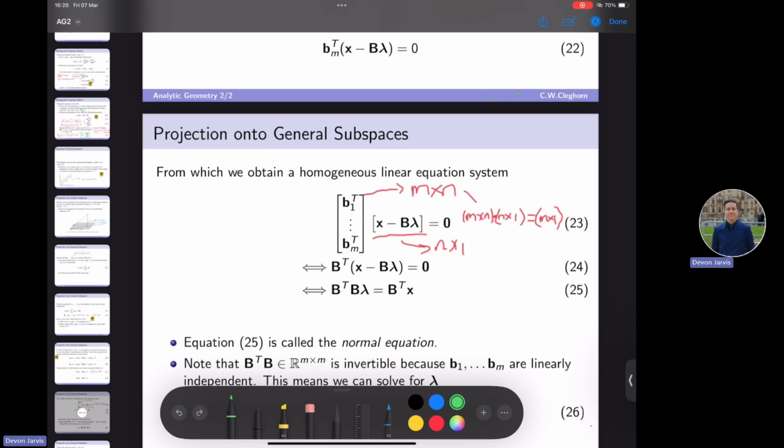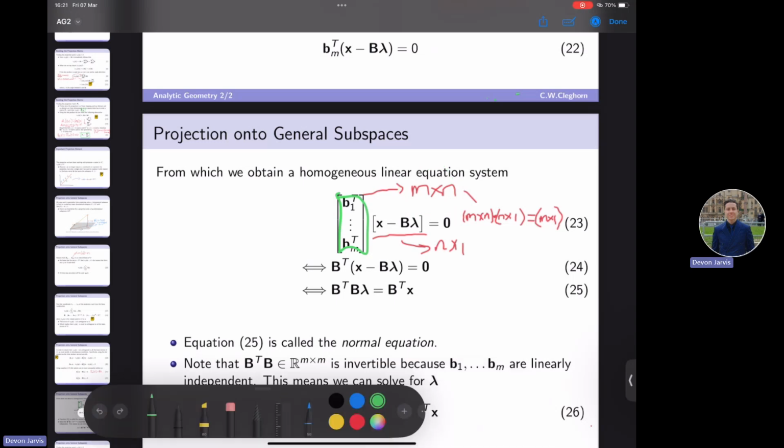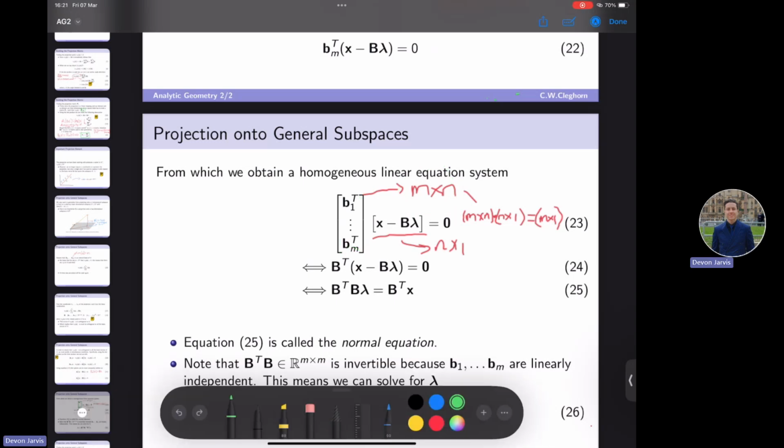Does anyone want to tell me why this would give us an m by n matrix? Where is the m coming from? Where is the n coming from? I don't have water today to make it awkward, so I'm just going to stare at you for two minutes. Yeah, what's up? The m vectors. Okay, you want to try say what it means about the subspace?